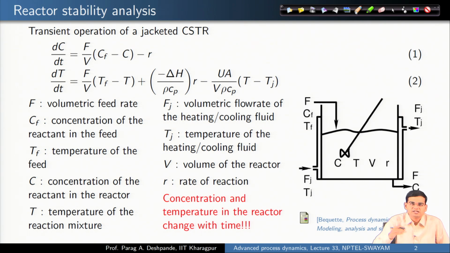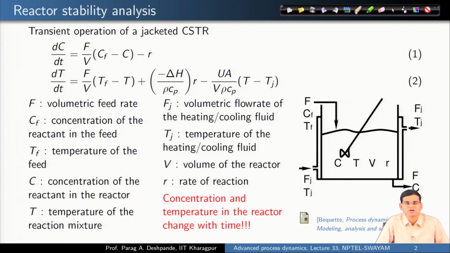Various quantities have been elaborated below, and we saw that this is a dynamical system because the concentration of a species inside the reactor changes with time when you are doing a transient operation, and so does the temperature of the reactor. We would see today that there are various forcing functions which act upon the system.